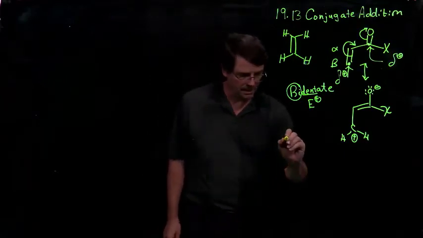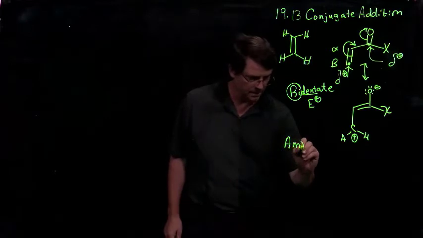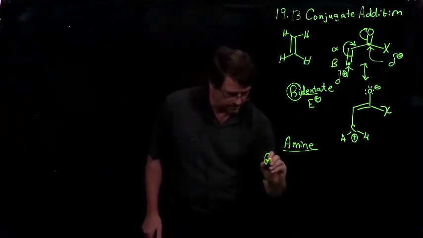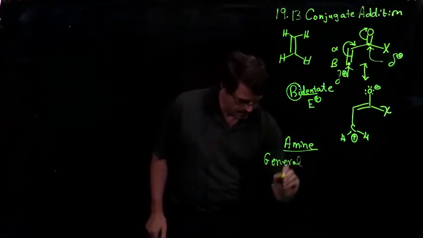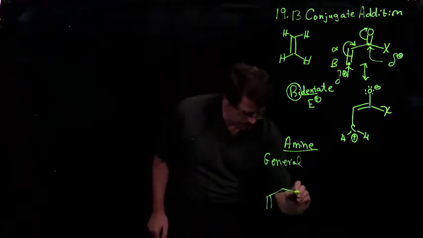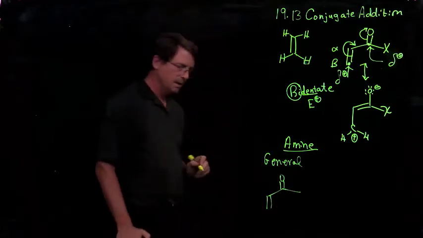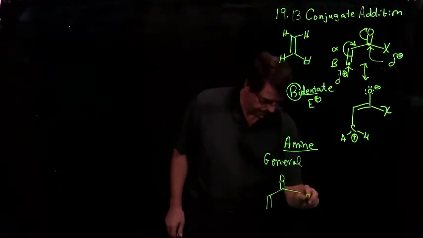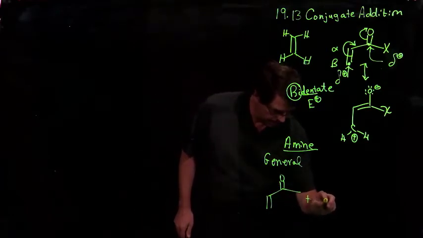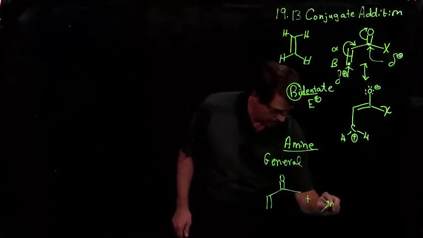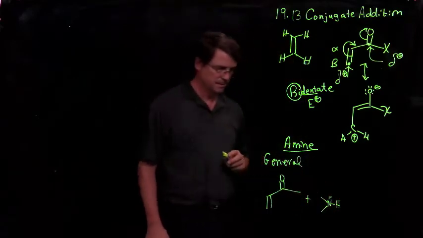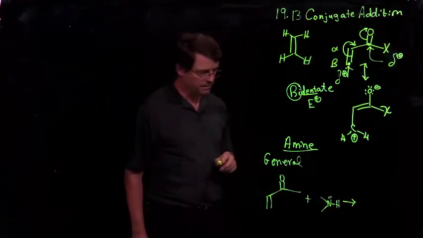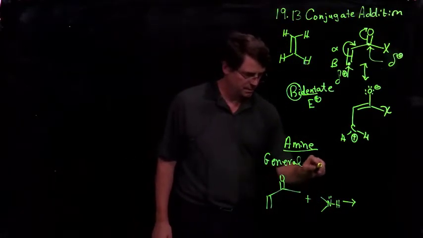Now the first reactant that we're going to see with these are the amines. In the general reaction, when we have an alpha-beta unsaturated compound, and for these we're mostly dealing with aldehydes and ketones. If we have an amine, and our amine needs to have one hydrogen, we get a product, and by the way, we call this the 1,4 addition.